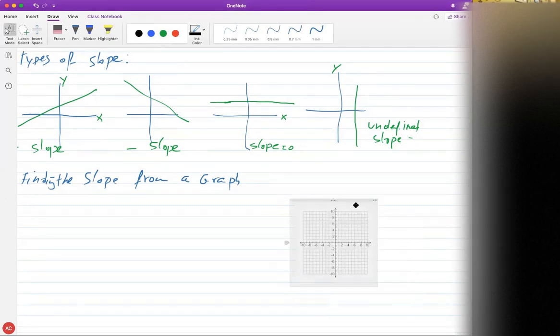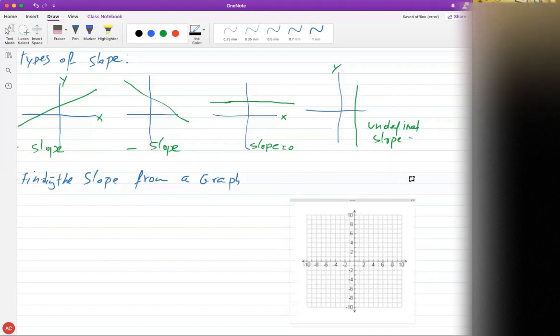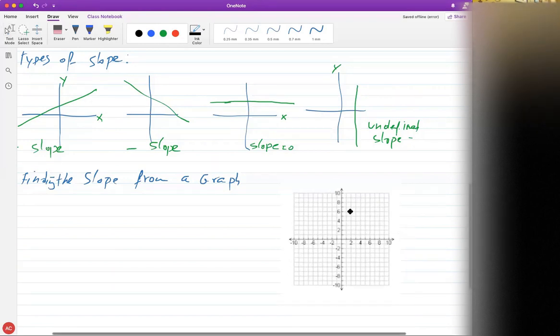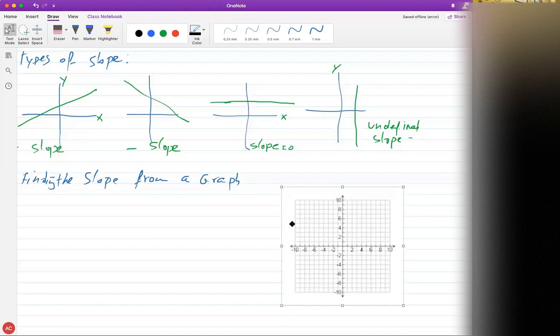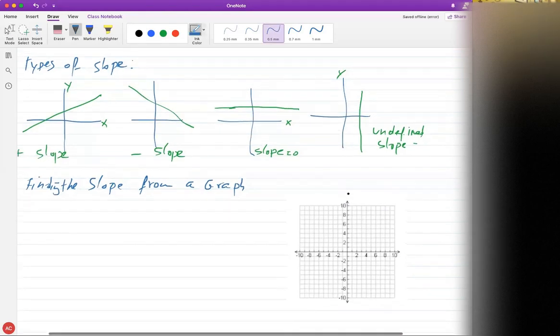Here's a graph. Change the size a little bit. Okay, so we have two axes here. This is always the y-axis, the vertical one.